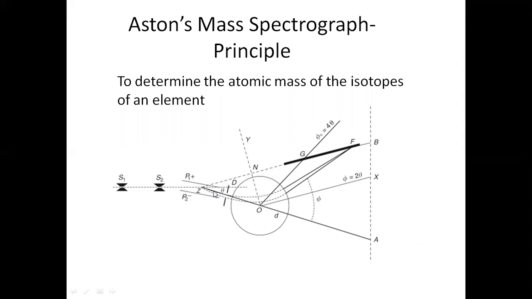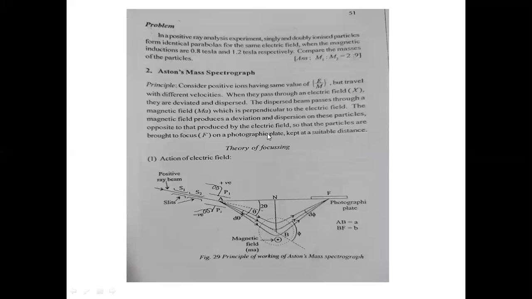They are deflected by the electric field, and after that they are deviated by the magnetic field, and finally they are focused on this photographic plate. So you can see the principle here.